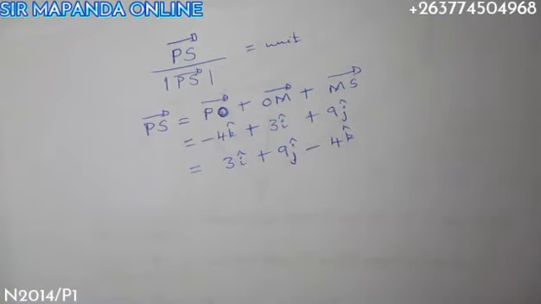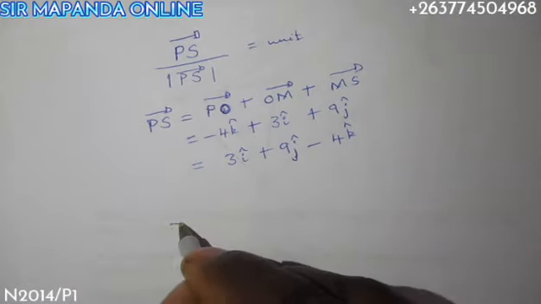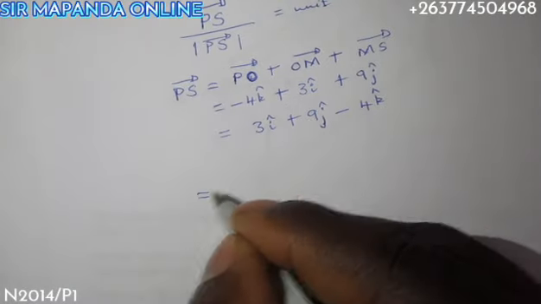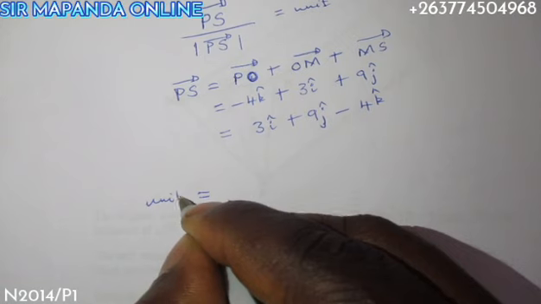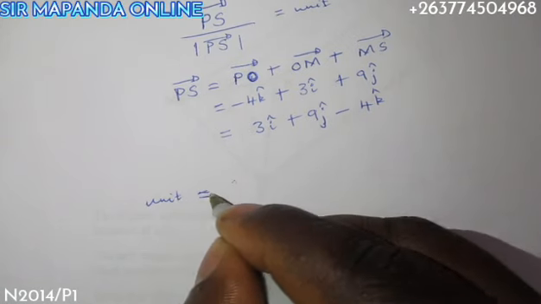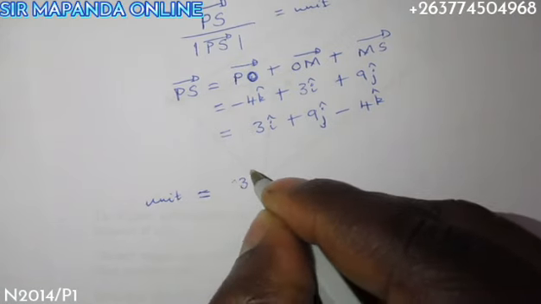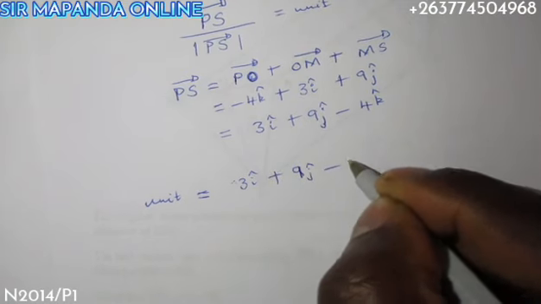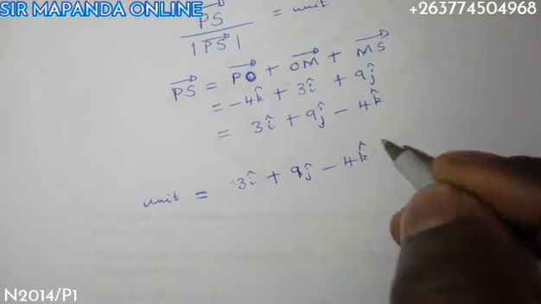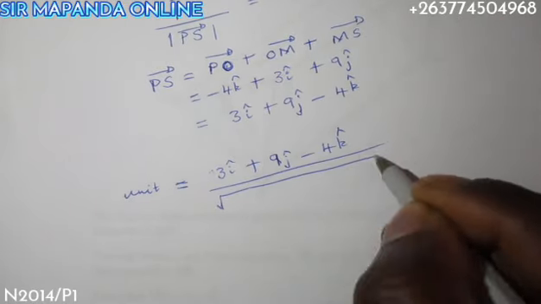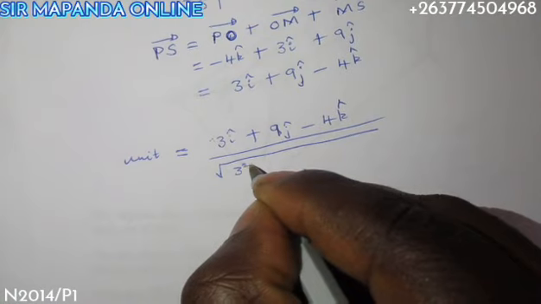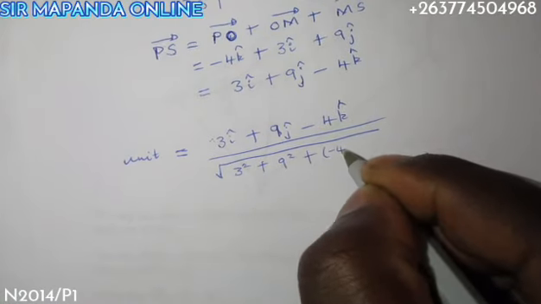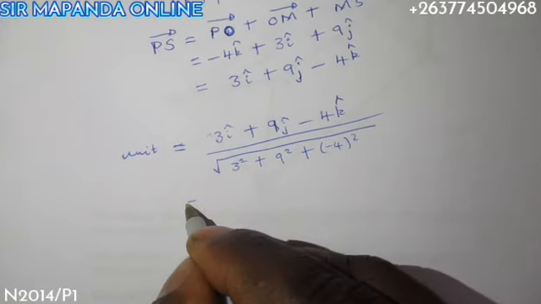Right, so to find the unit vector, remember the unit vector is the vector itself divided by its modulus. So the unit vector now is calculated as follows: 3i plus 9j minus 4k, all over the square root of 3 squared plus 9 squared plus minus 4 squared.